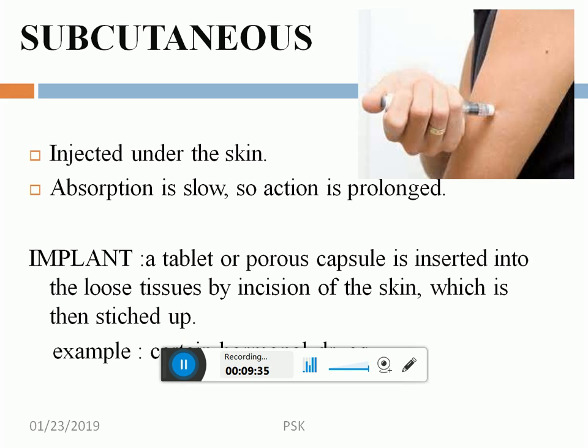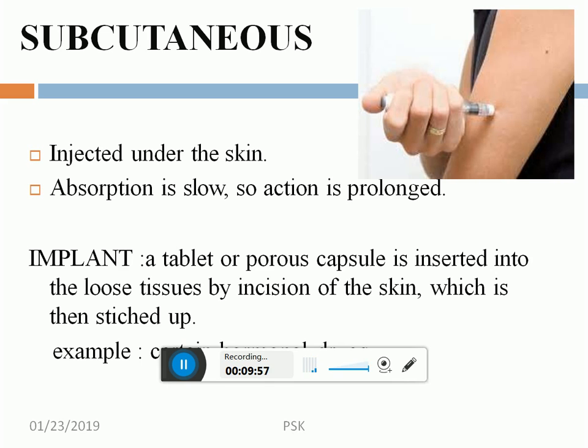Tablets can also be given this way. The tablets or capsules are inserted into the loose tissues by an incision of the skin, which is then stitched up. An example is some hormonal capsules or tablets.